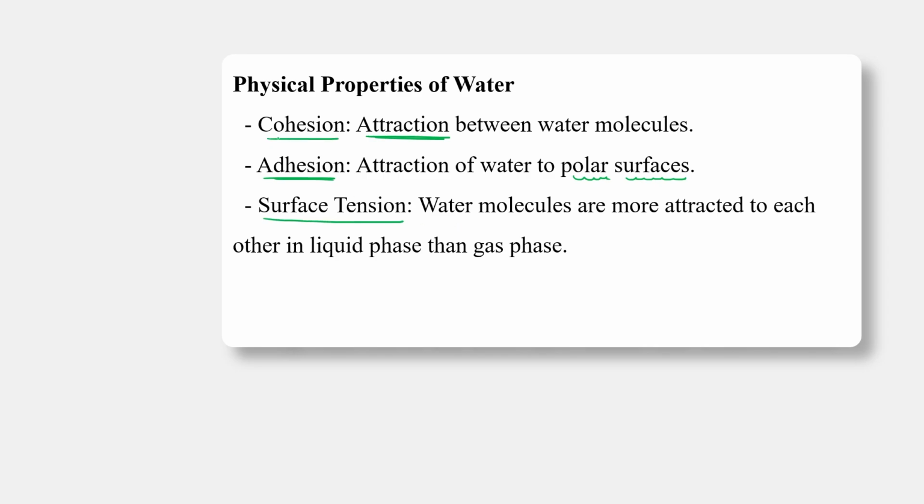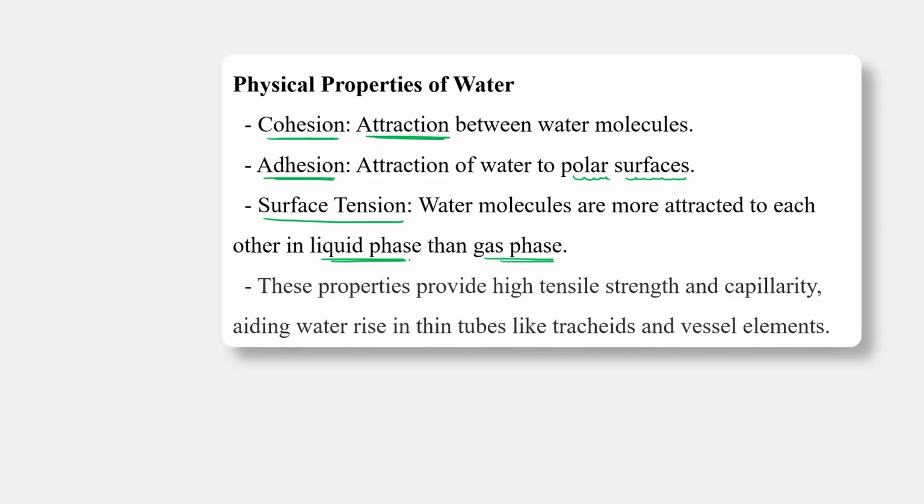So cohesion is attraction between water molecules, attraction of water molecules to a polar surface is adhesion, and surface tension means water molecules are more attracted to each other in liquid phase than gas phase. So they show a kind of attachment to each other during liquid phase. This is known as surface tension.